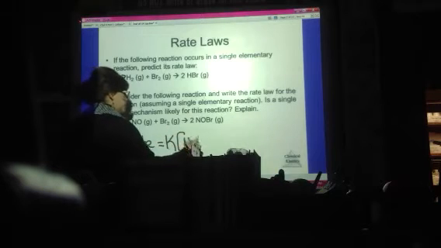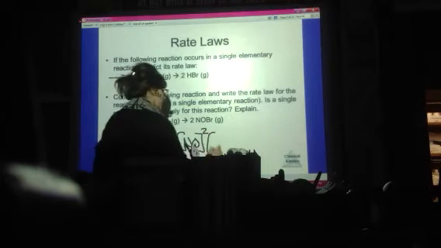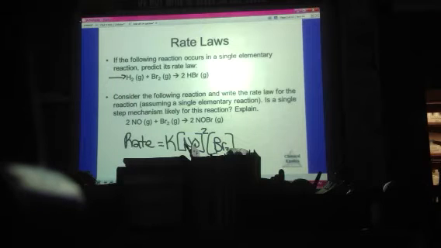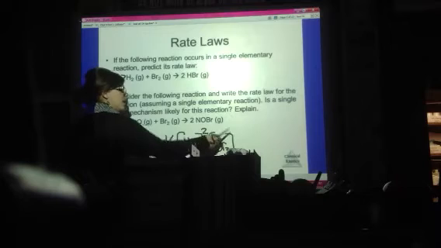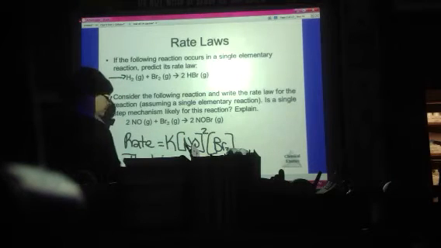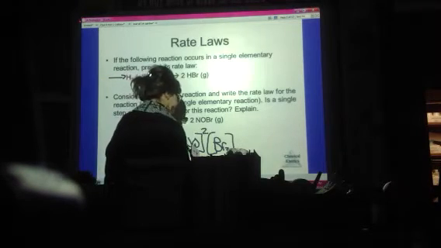So I have the concentration of nitrogen monoxide, but there's two of them, so that would be to the second order, times my concentration of bromine. So technically this order of reaction would be 2 with 1, so it's a third order reaction. And if something's a third order reaction, then that means that it's termolecular.